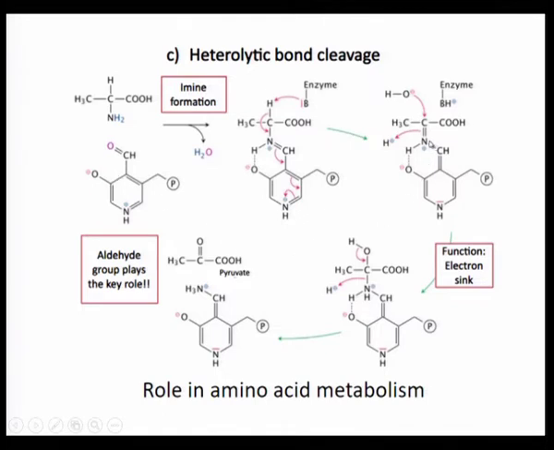So you see there the amino group interacting with the aldehyde group, and this acting like a kind of electron sink helps in pulling this amino group away, and once the amino group is pulled away, the resulting amino acid leaves as a keto acid. So you see there, this is how the reaction of heterolytic bond cleavage happens, and in this case you definitely find there is a Schiff base mechanism happening.